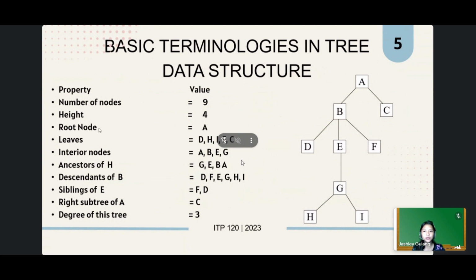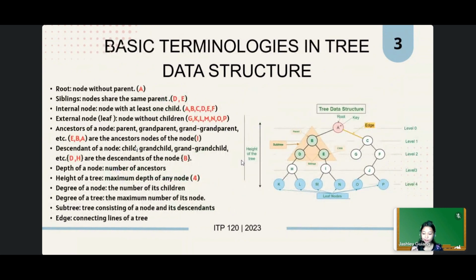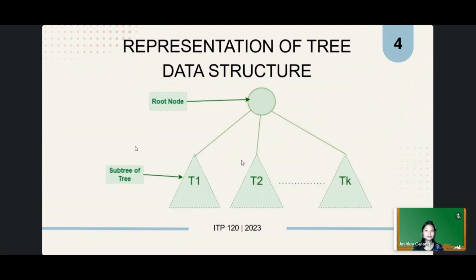So we have here the root node. The root node, as I've said, yung walang ancestor and walang parent. So we have here the A, and then the leaves. Leaves are the external nodes.